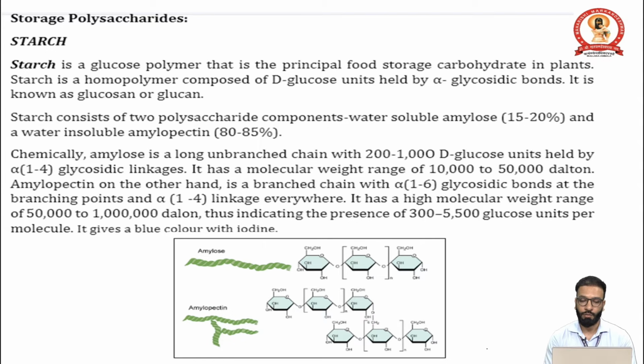In amylopectin we can also have 1,6, meaning carbon number 1 of one glucose forms a glycosidic bond with carbon number 6 of another glucose. So based on whether it's branched or unbranched, we call it amylopectin or amylose. Amylopectin makes up 80 to 85% of the total starch.